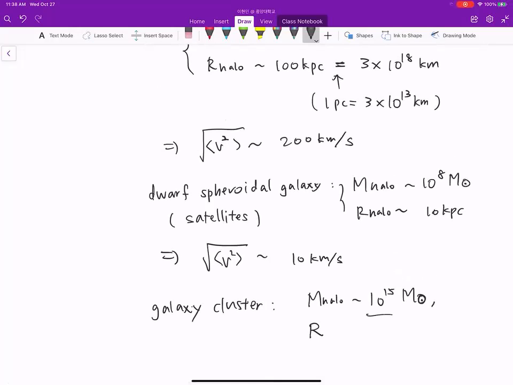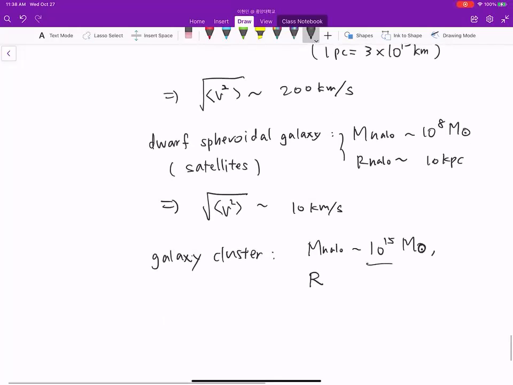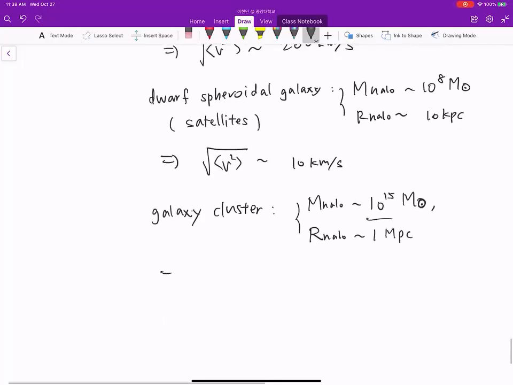With 1,000 galaxies, each containing 10 to the 12 stars, 10 to the 15 is the rough estimate for the galaxy cluster mass. And the halo radius is 1 megaparsec. So from there, the dispersion is about 1,000 kilometers per second.